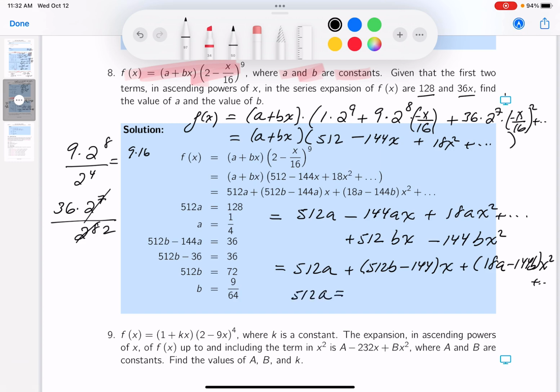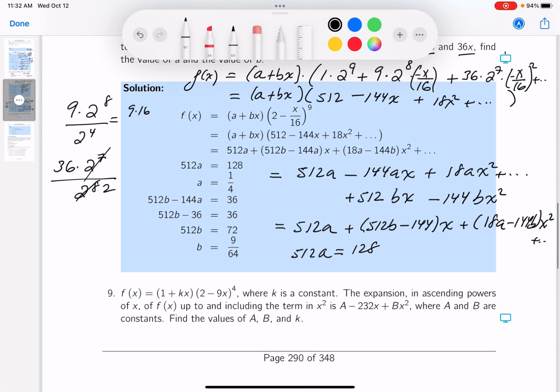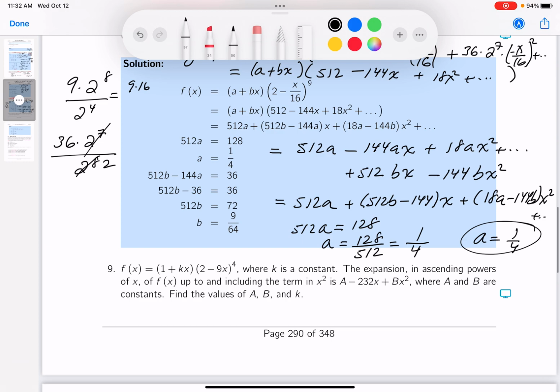So 512a is equal to 128. So a is 128 over 512, and 128 goes into 512 4 times. So a is 1/4. I found a. Let's go for the b. I don't know what b is yet, right?